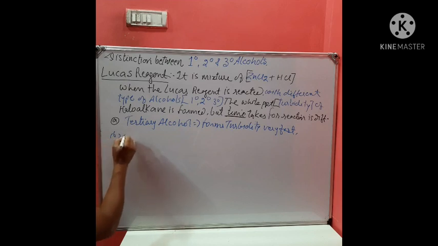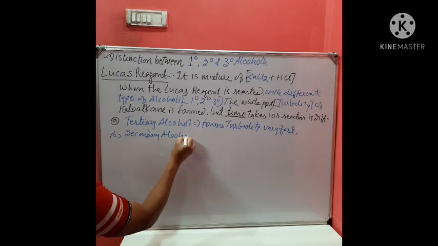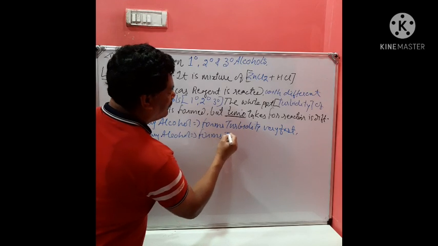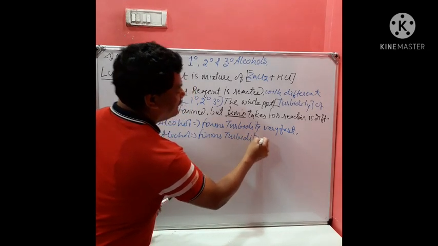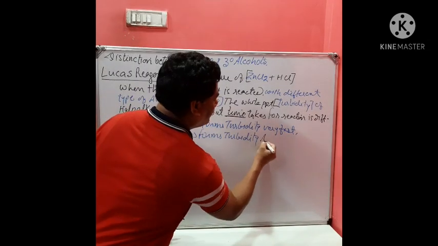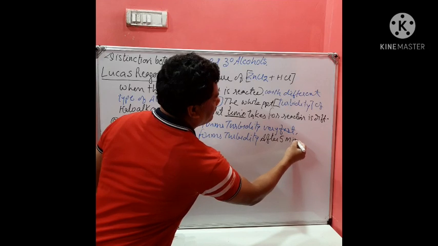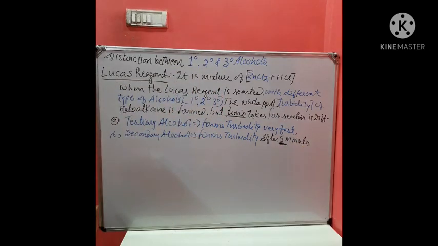Number B, secondary alcohol forms turbidity after 5 minutes. So here the time is important.